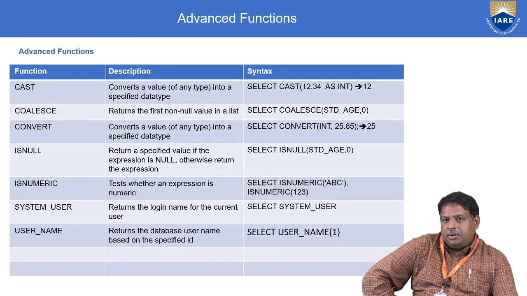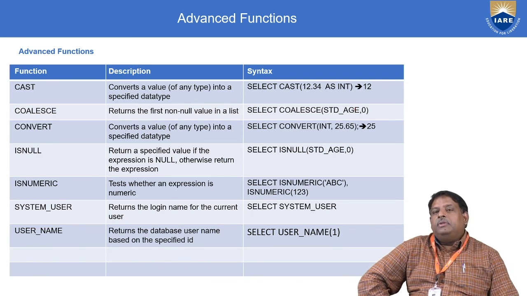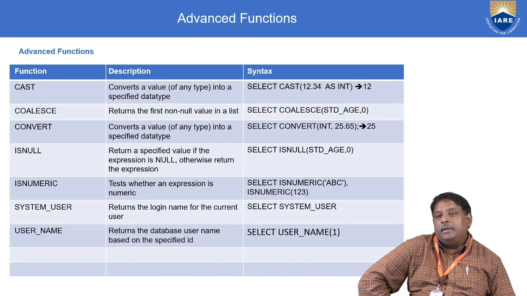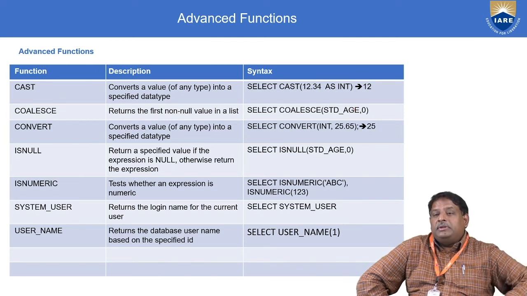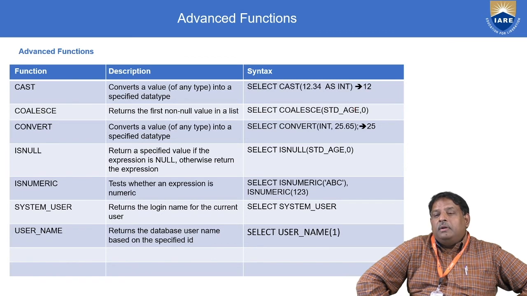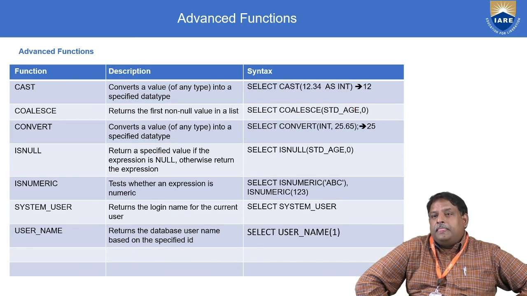Similarly, user underscore name. This will give you the database username based upon a specified ID. Login name is different; database username is different. For example, select system user will give me something like Srinivas or some other person's name.